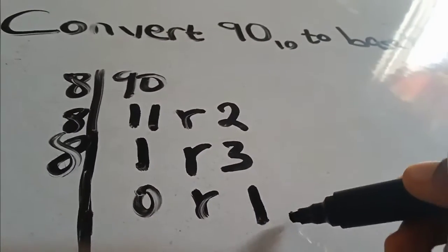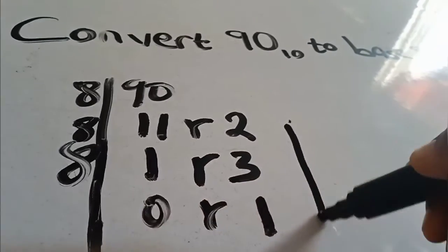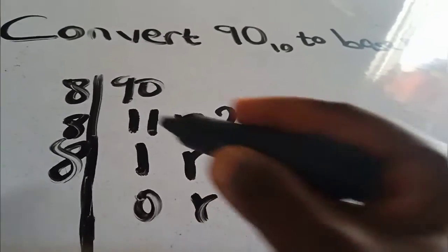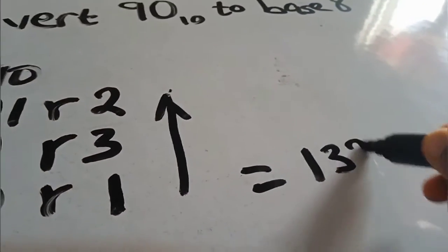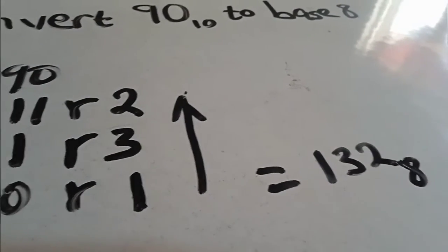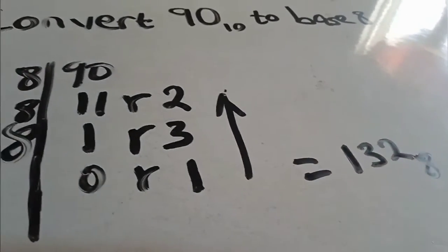And remember, we pick our remainders upwards. So 90 in base 10 becomes 132 base 8. This is very, very simple.